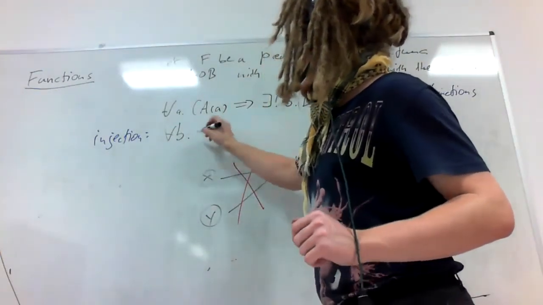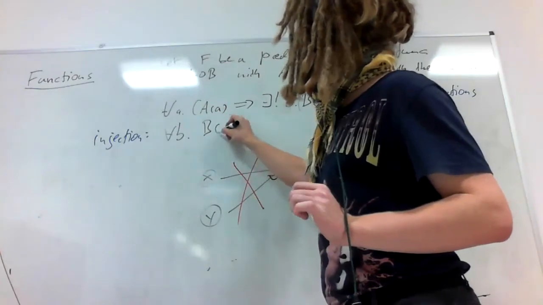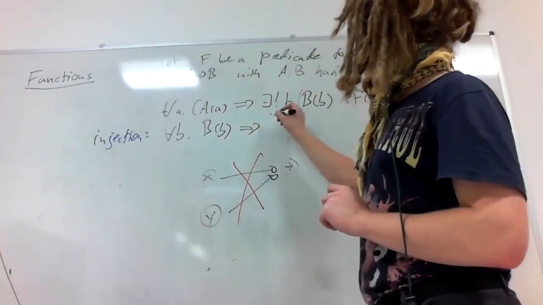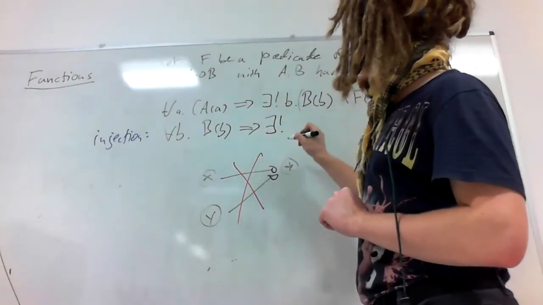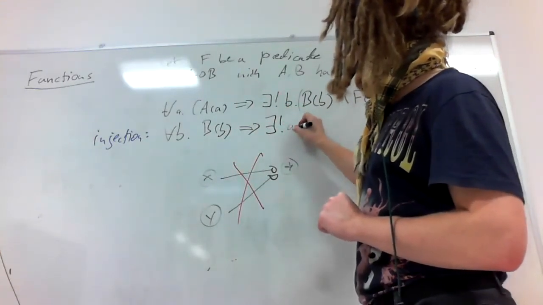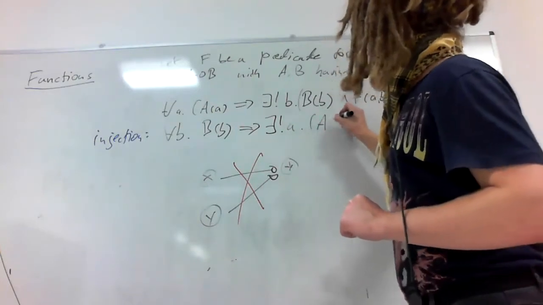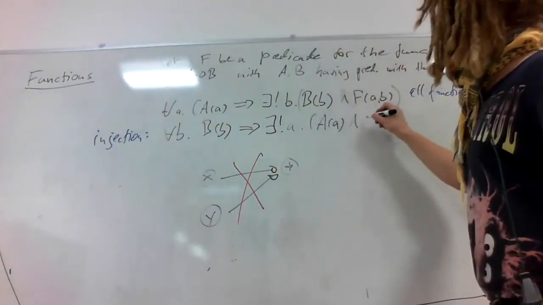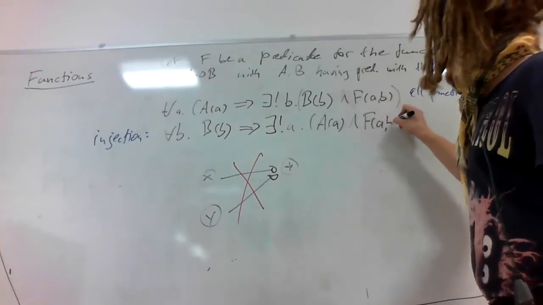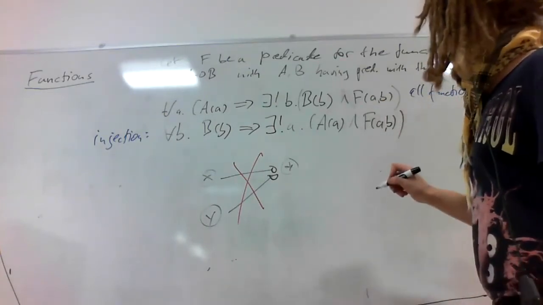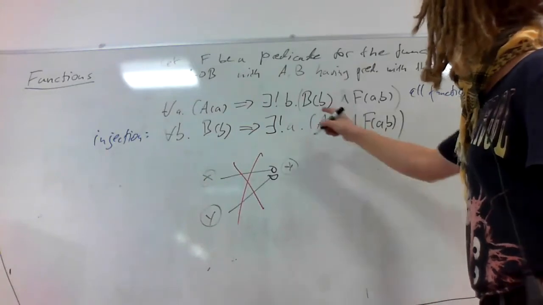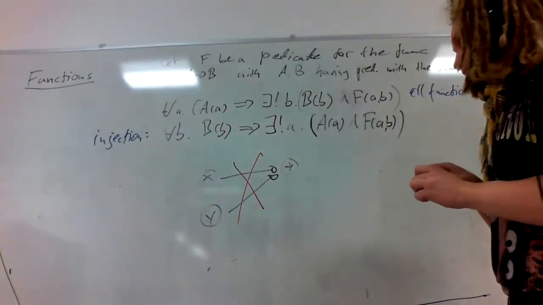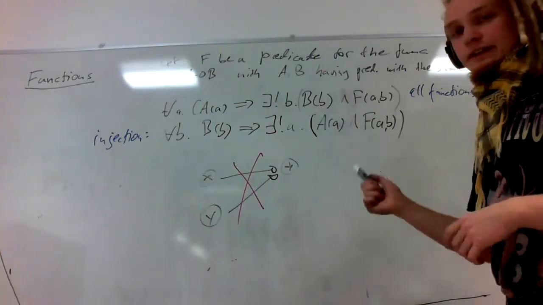For an output value in B, we state that there is exactly one input, so that this is an input, and we map to that input, F of A and B. And brackets, like this. So if that is the case, the function is injective.